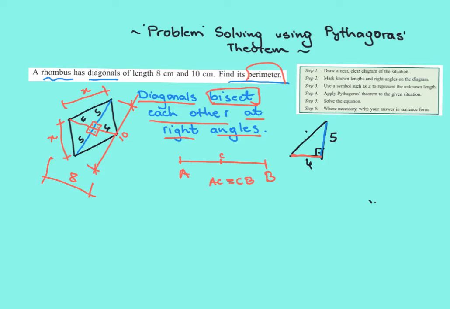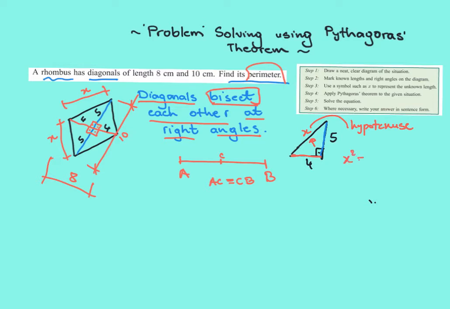So let's have a look at this one here, X. According to Pythagoras theorem, X is across the right angle and it's the longest side of the triangle, and it's called hypotenuse, by the way. So how are we going to calculate?